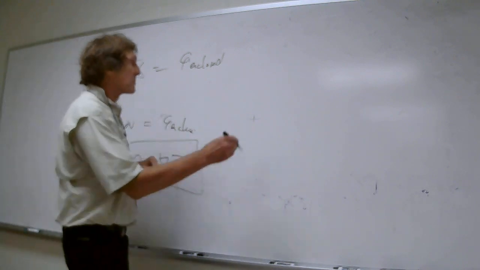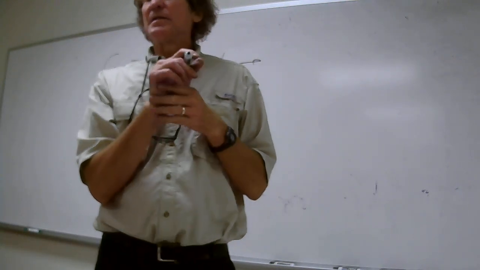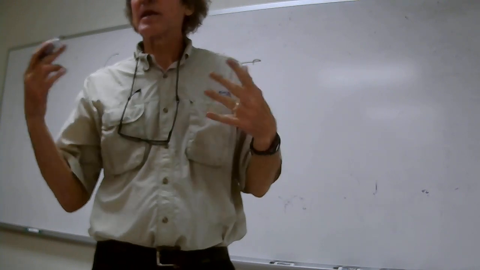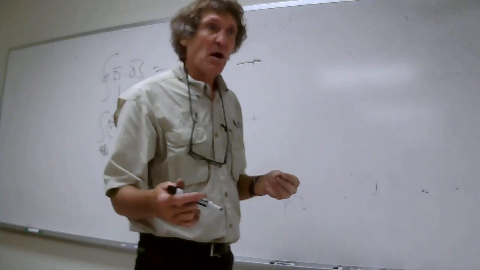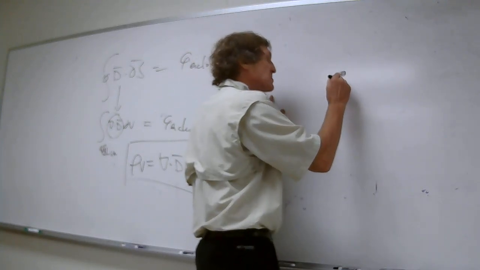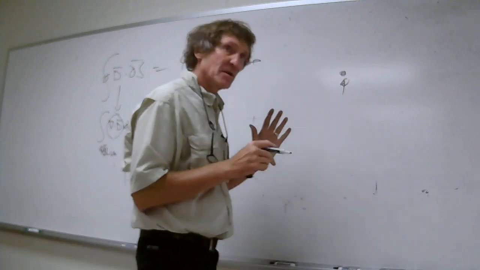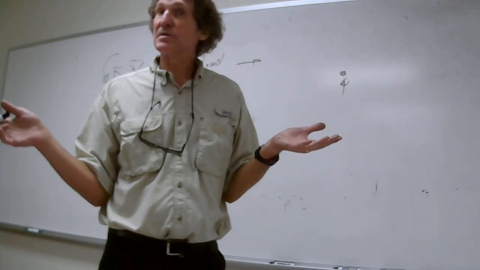Back to this form. So here's where you can use that to exploit symmetry. Now y'all remember in physics you heard of Gauss's law, right? Well, the classic problem your instructor probably did is say, let's see how it works. If we just put a charge Q at the center, and we don't know anything more than Gauss's law and that we can exploit symmetry.